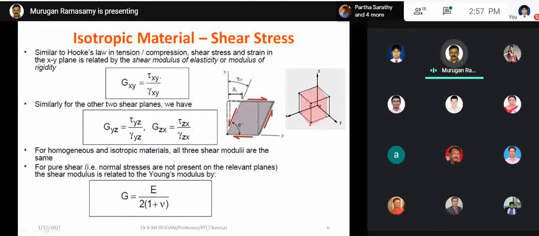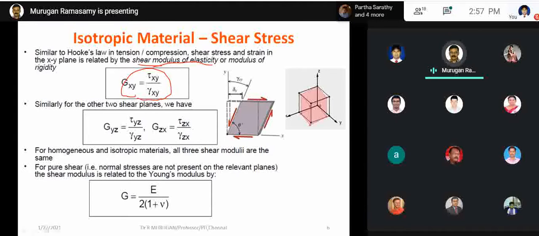So using that, we can get the important relationship for the modulus of elasticity, that is the shear modulus of elasticity or modulus of rigidity. This is simply shear stress by shear strain. Now in the 3 dimensional case, there are 3 shear planes possible: xy, yz and zx.